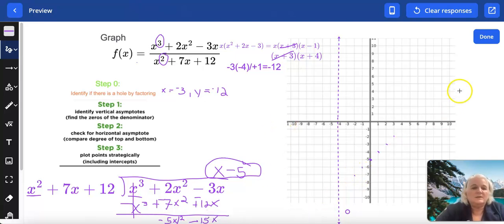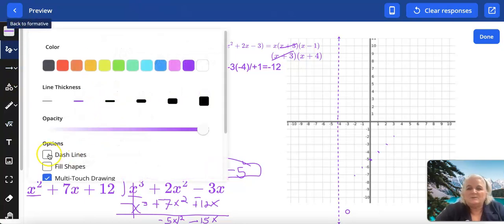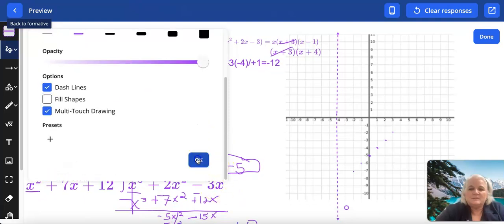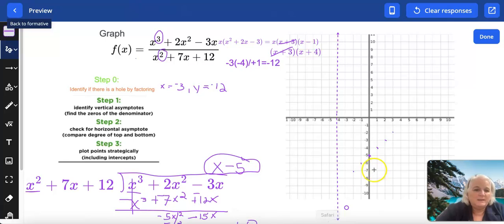So there would be my slant asymptote, and I can draw that in right here by doing a dashed line, and then line and arrowhead. So I'm going to go this way, like that. And see, it's slanted instead of up and down or left and right. And that's where my graph is.